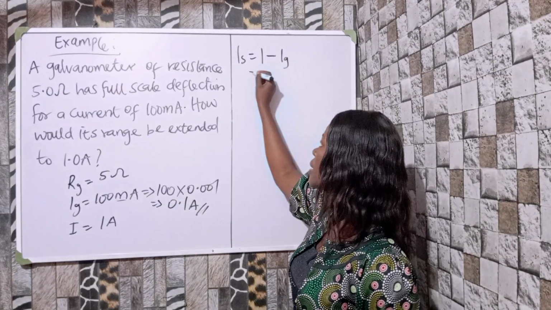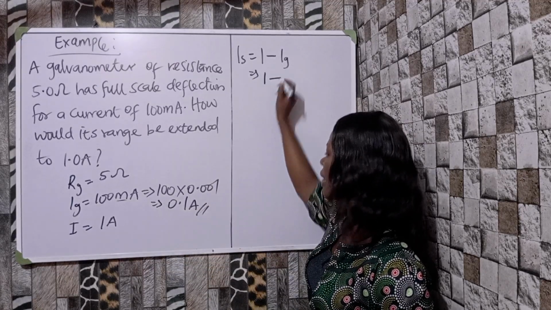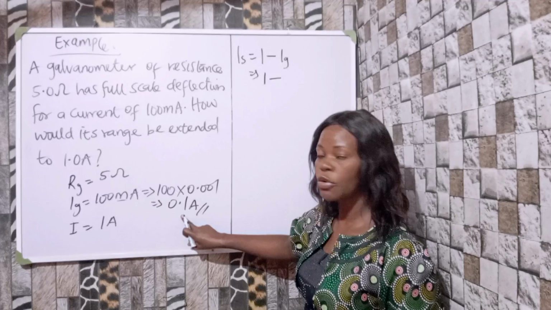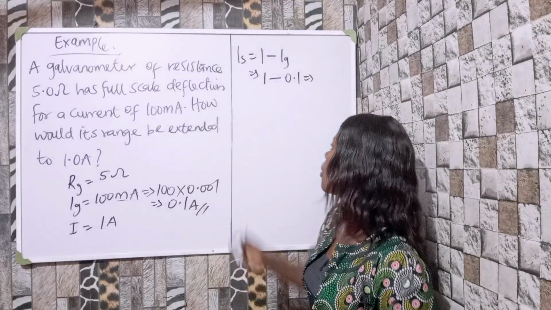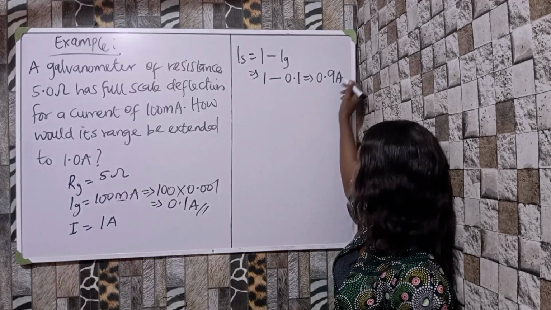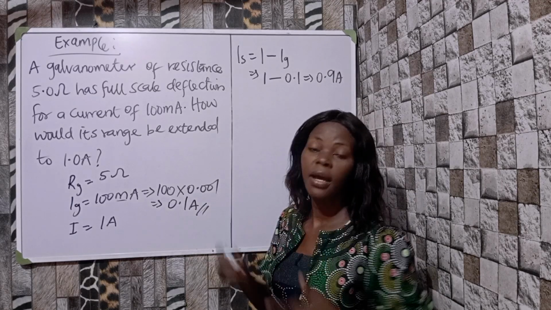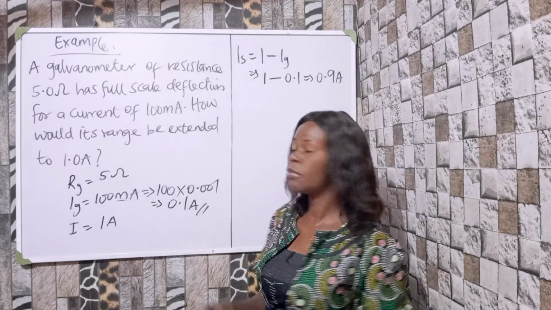The galvanometer, right? Now the total current flowing is 1 minus current across the galvanometer is 0.1. Then I'll subtract. I will have 1 minus 0.1 to give me 0.9 what? Amperes.